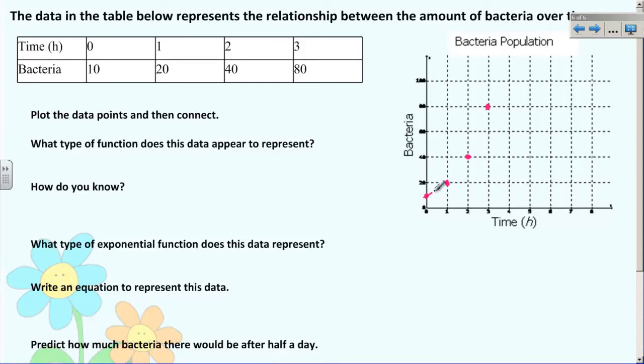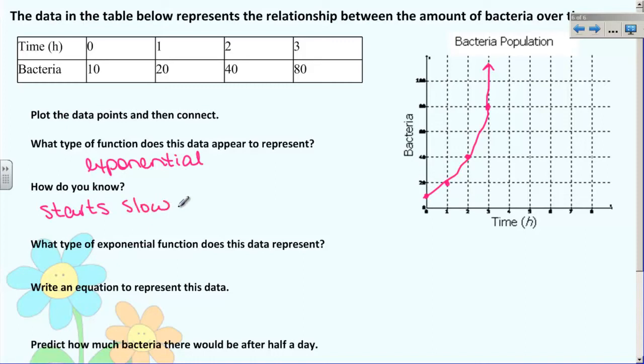And if you connect these, I know y'all are going to say that it probably looks like a quadratic. It appears to represent a quadratic because it looks like a parabola, but it's not. It's going to be exponential. And here is how I know. It starts slow.